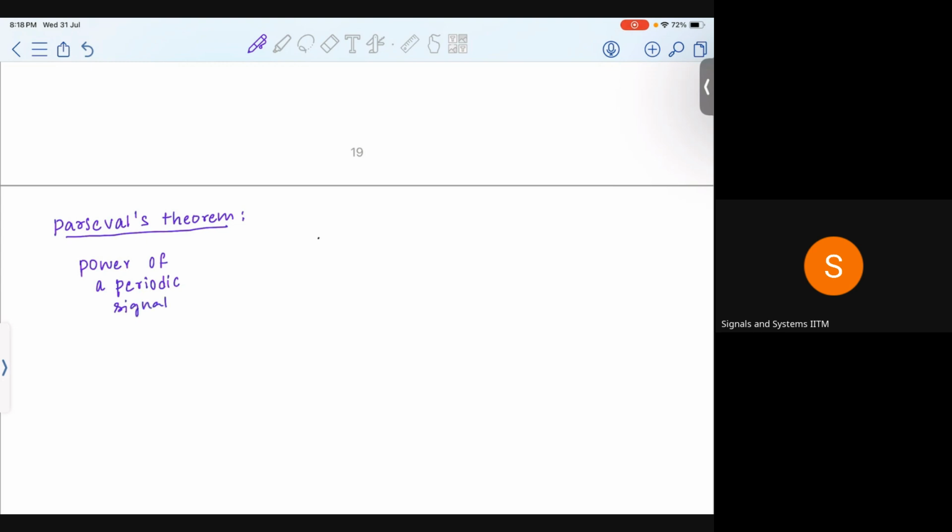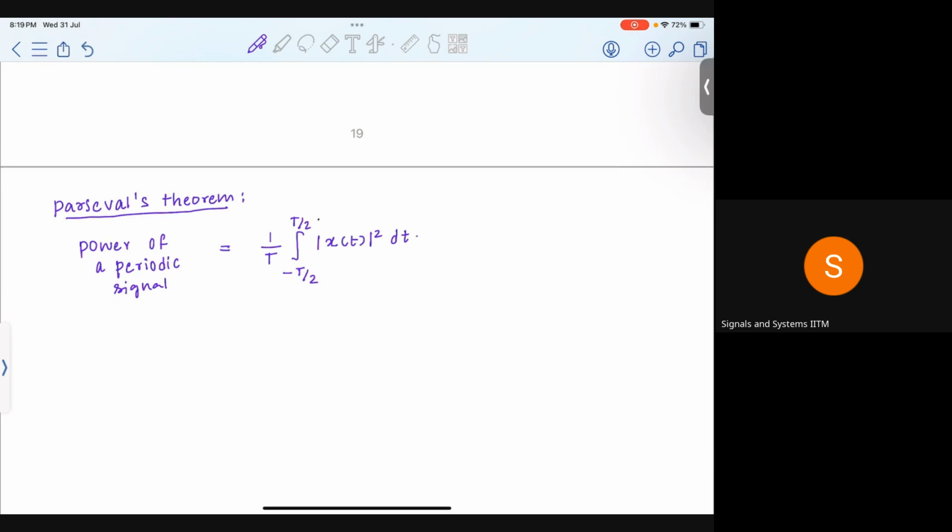This we learned in our earlier lectures. The power of a periodic signal is 1 over T, and this is the power of a signal. It's the average energy in one time period, correct?